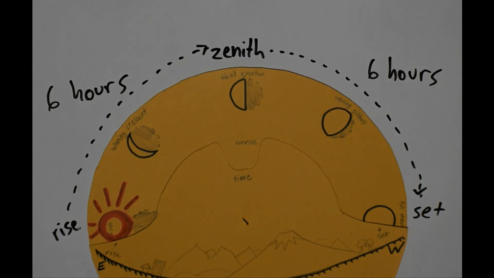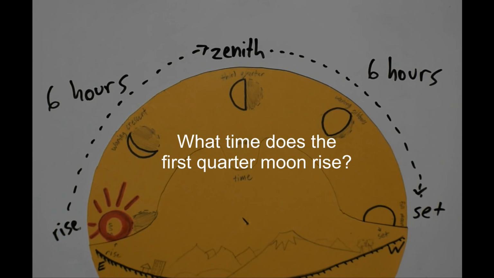So how do we use this information? Well, for example, if I ask the question, what time does the first quarter moon rise? Well, that's a difficult question, because the moon rises at a different time each day. So let's use this moon position diagram to do that.